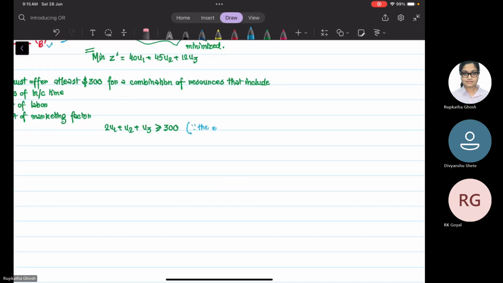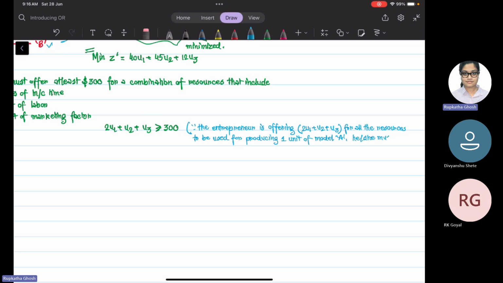Since the entrepreneur is offering 2u1 plus u2 plus u3 for all the resources to be used for producing 1 unit of model A, he or she must choose U1, U2, and U3 to satisfy this equation, okay? 2U1 plus U2 plus U3 greater than or equal to 300. Divyanshu, are you clear now?